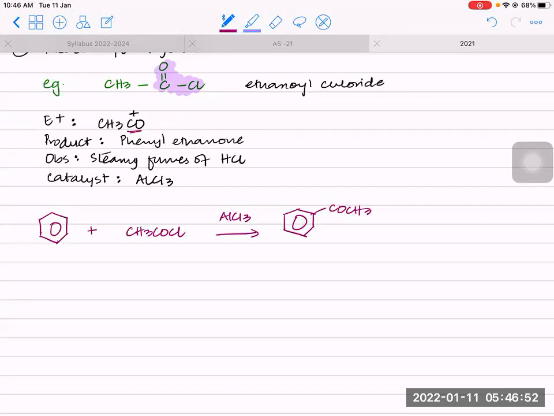I told you that the positive end of the electrophile is what attaches on the benzene ring. This right here is called phenylethanone. What do we call this? Phenylethanone. It's basically this: C=O, CH3. And the H that is lost with this Cl will make HCl. Clear?